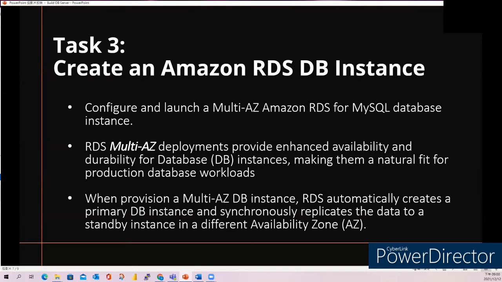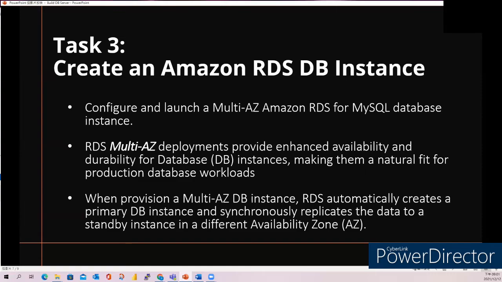We can also explain that RDS Multi-AZ deployment provides enhanced availability and durability for database instances, making them a natural fit for production database workloads. When you provision a Multi-AZ DB instance, RDS automatically creates a primary DB instance and synchronously replicates the data to a standby instance in a different availability zone, AZ.